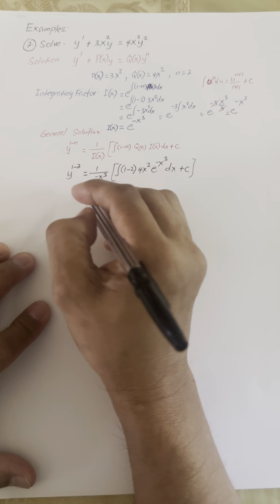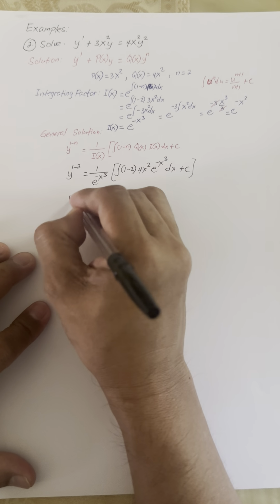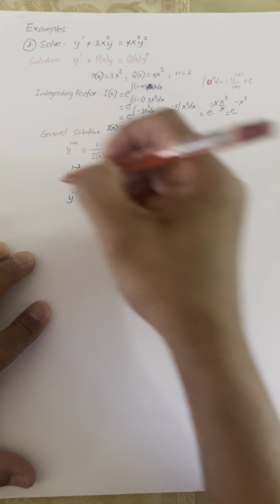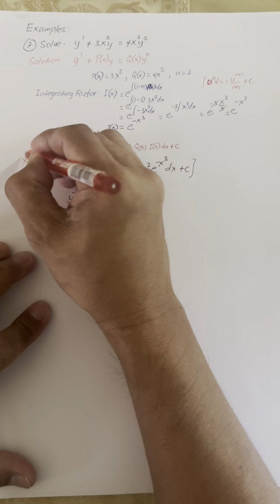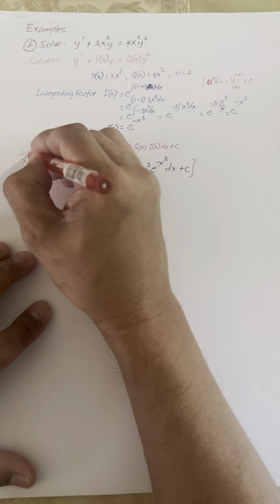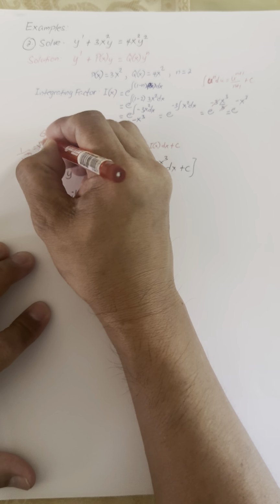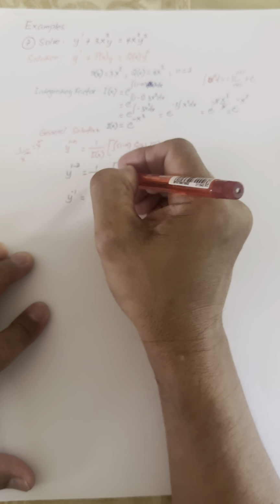So y to the power 1 minus 2 is equal to y to the minus 1 equal to, from the law of exponents, 1 over e to the power negative m is equal to e to the positive m. So we will apply this here.